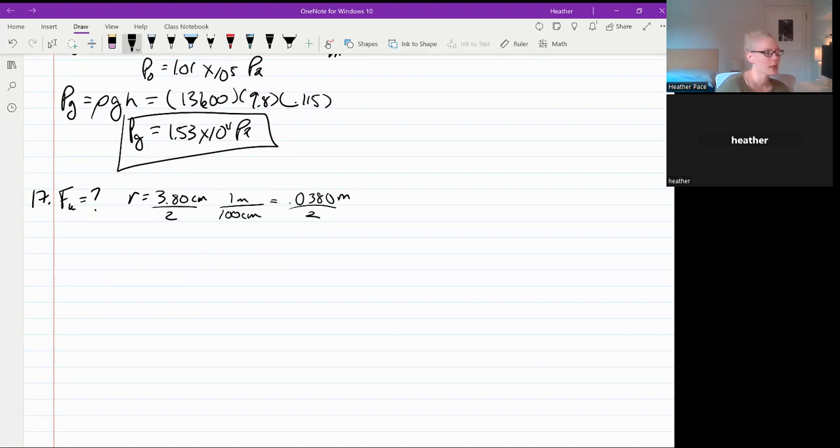And we're also given the average density, equals 0.0840. Change that one right away too. 1,000 grams, 1 kilogram, and 100.